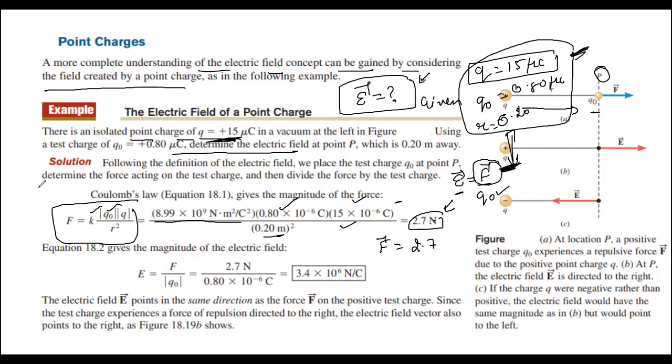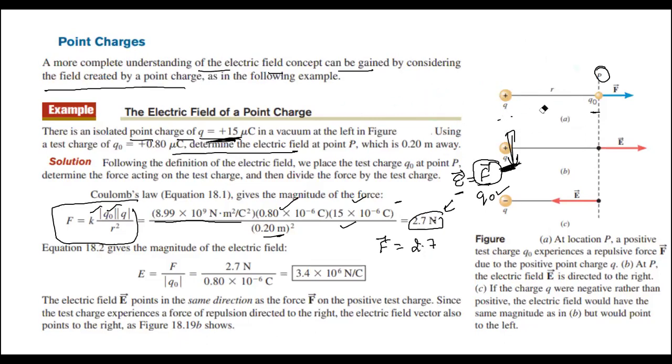Let me make some space over here since we just solved this one. And now solve for E. F is 2.7. Where is Q naught? 0.8 into 10 to the power minus 6.